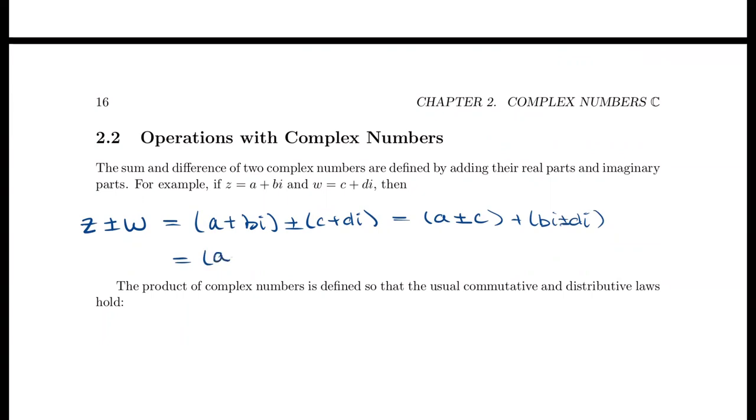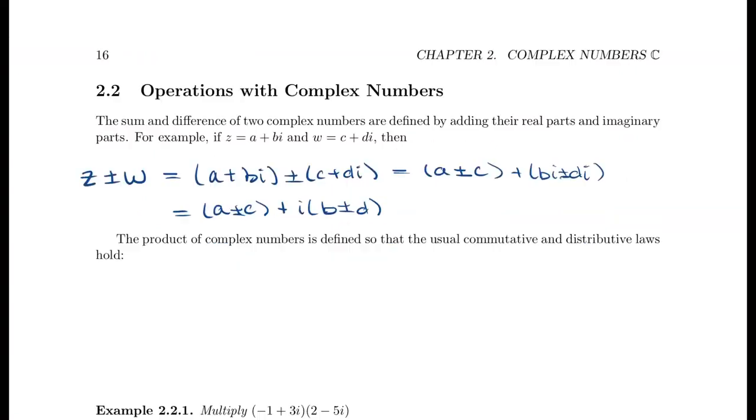So we could also say a plus or minus c, plus or minus i times b plus or minus d. So we see that the real part of z plus or minus w is going to be a plus or minus c, while the imaginary part is just going to be b plus or minus d.